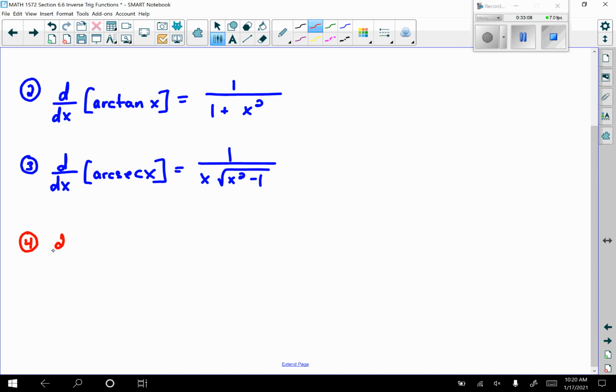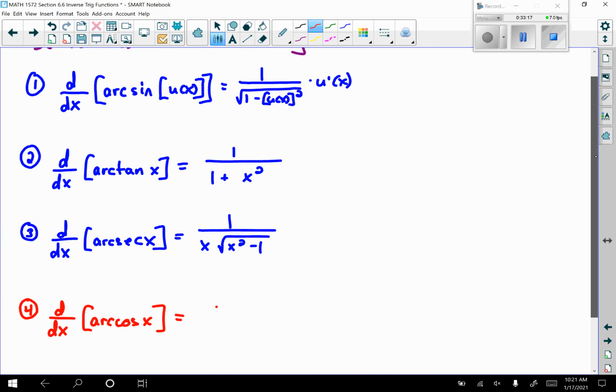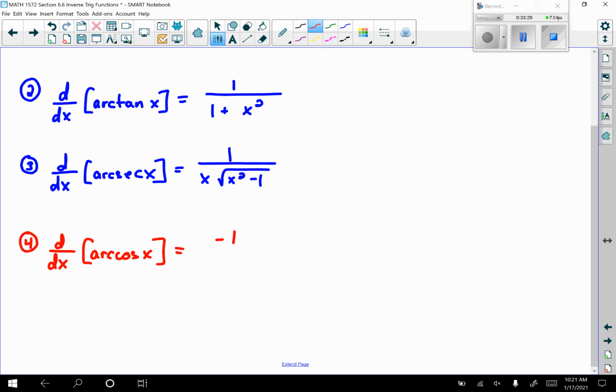So then we'll have the derivative of arc cosine becomes just the opposite of what sine is. Negative 1 over the square root of 1 minus x squared. Derivative of arc cotangent is just the opposite of tangent.